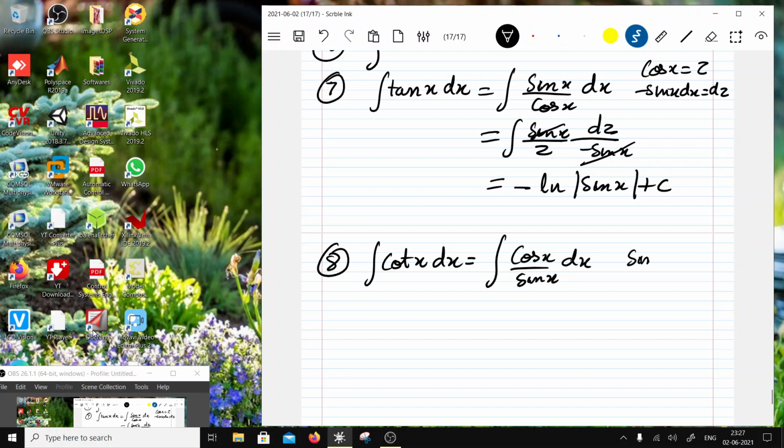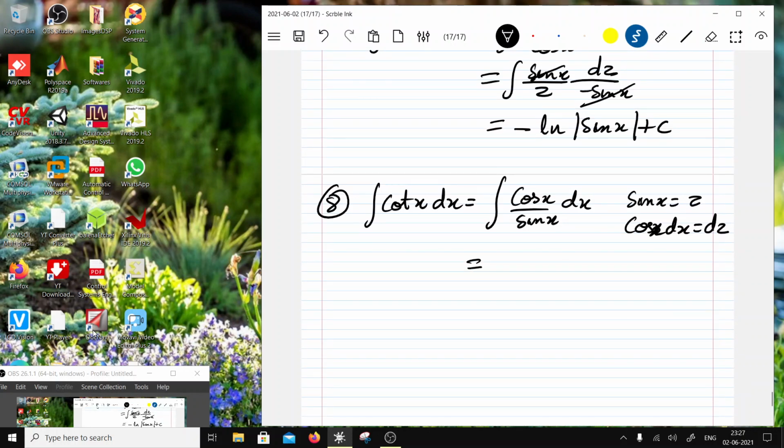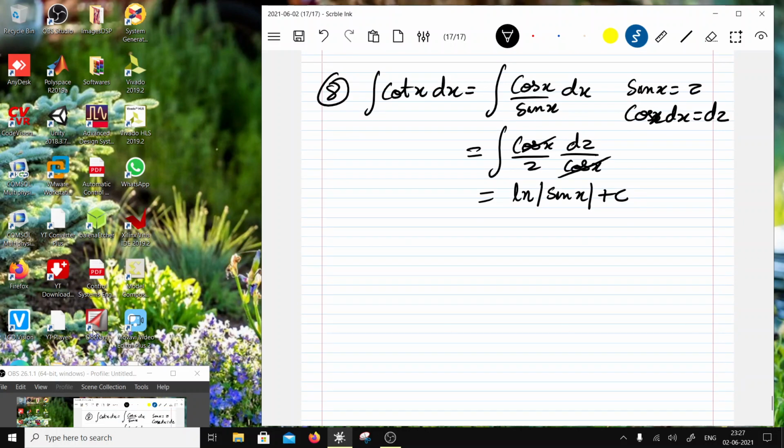Then sine x is equal to z, so cos x dx equal to dz. Then I would have integral cos of x by z dz by cos of x. Then this will be log of z, which will be log of sine of x plus c. So that's simple.